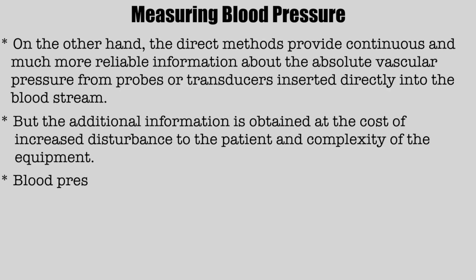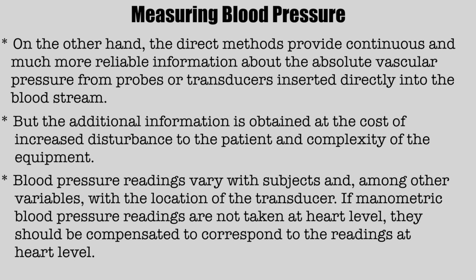On the other hand, direct methods provide continuous and much more reliable information about the absolute vascular pressure from probes or transducers inserted directly into the blood stream. But the additional information is obtained at the cost of increased disturbance to the patient and complexity of the equipment.